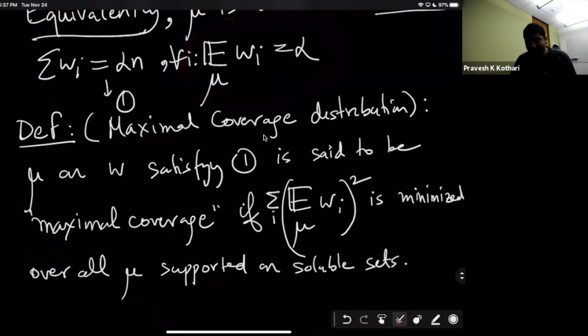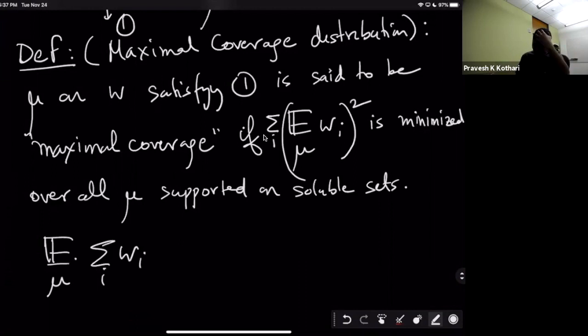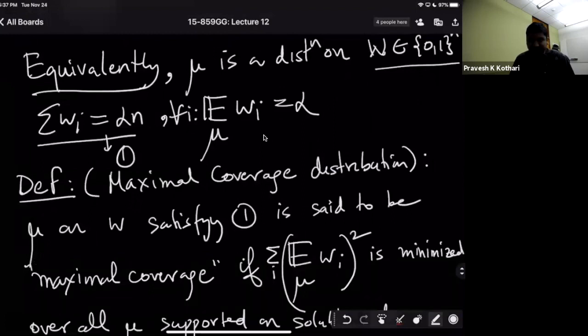Notice that if I look at the expectation of the sum, then the sum of Wi equals alpha n, because that's a constraint that every point in the support of mu satisfies.